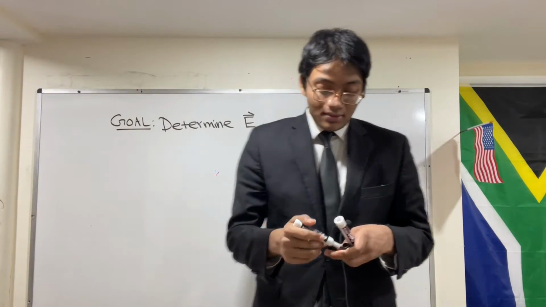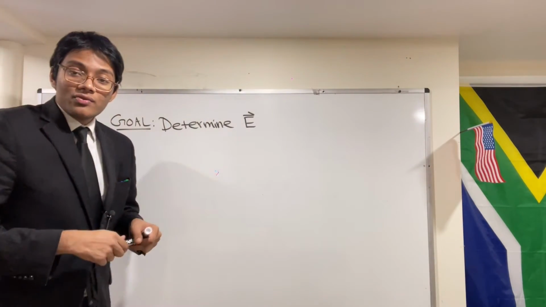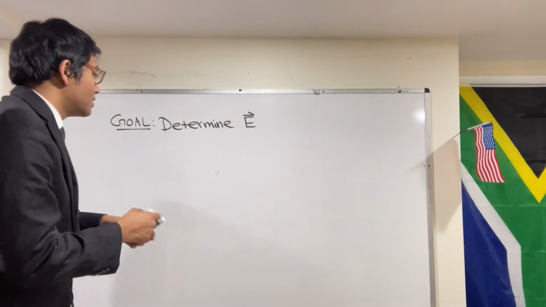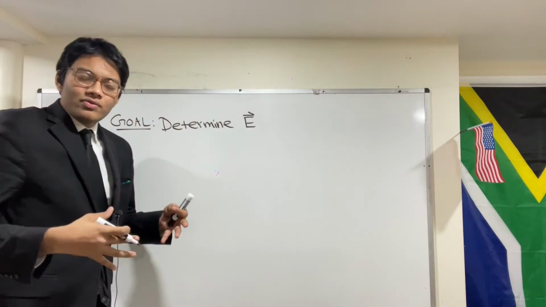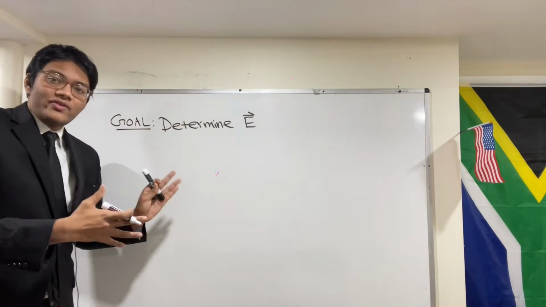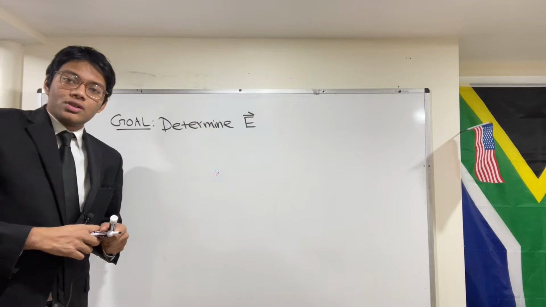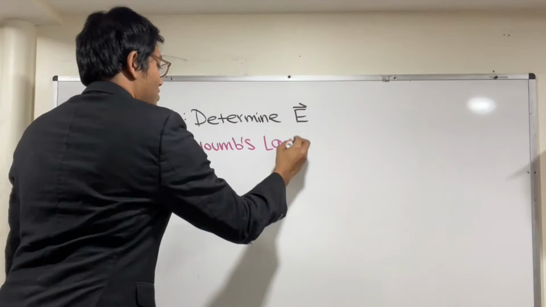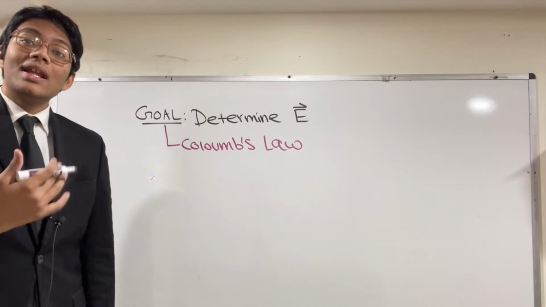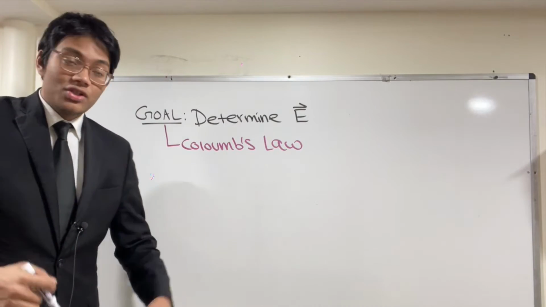Right? And we found many tools to help us achieve this goal. One of the most basic tools that we started with was the electric field for a point charge, right? Coulomb's law. So let's write down all the tools we've accumulated so far to help us figure out the electric field for an arbitrary charge distribution. First, we had Coulomb's law. We just said that the electric field was a vector and it was an inverse square law, just like the gravitational fields.